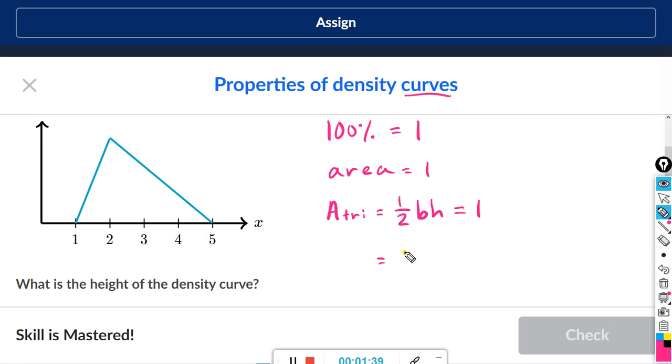So this is going to equal 1/2, and the base of this triangle goes from 1 to 5. Of course, 5 minus 1 is just 4. So the length of the base of this triangle is just 4.